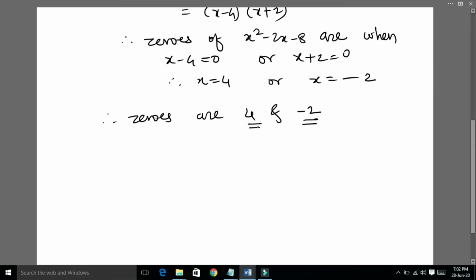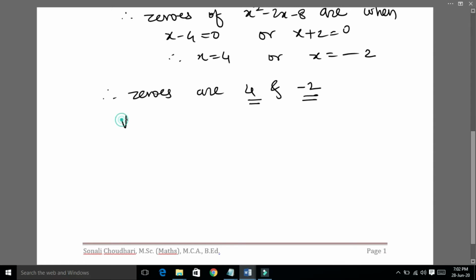Now the next thing, we have to verify a relationship between the zeros and its coefficient. So verification. In verification process, we actually find out the sum of the given zeros, and then we verify whether the sum is same by using the formulas.